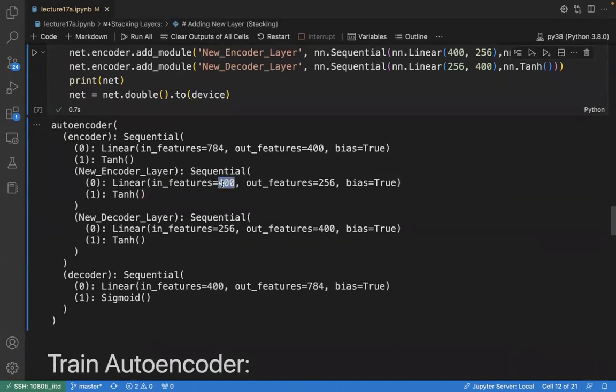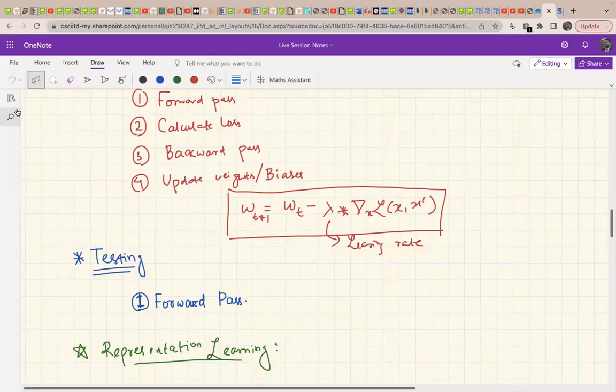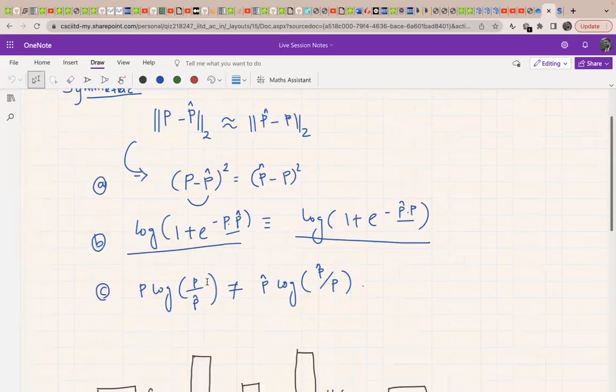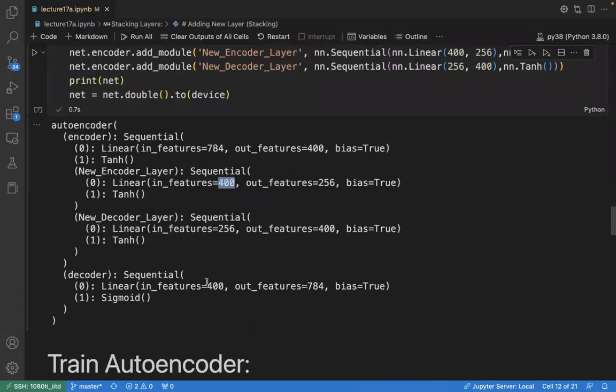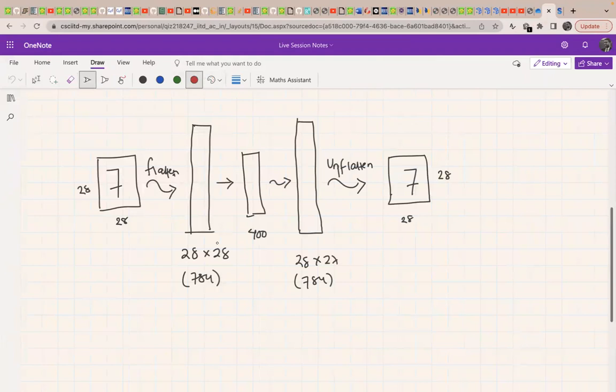We're adding to the same architecture, with in feature and out feature. It's doing the same thing and just adding here.